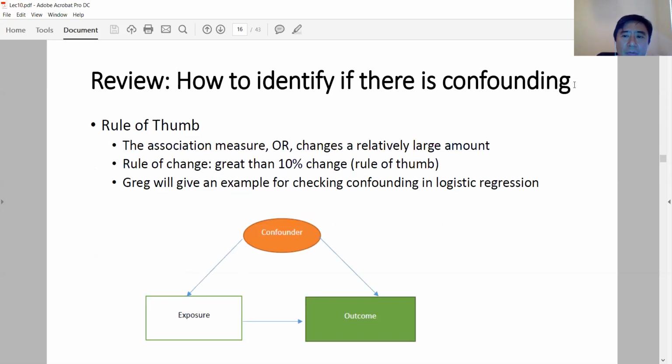The other two things I want you to know, we already talked about confounding and effect modification. It is how you can test confounding and effect modification in logistic regression instead of in linear regression. But this is the same thing.